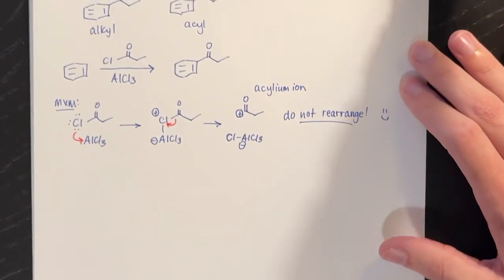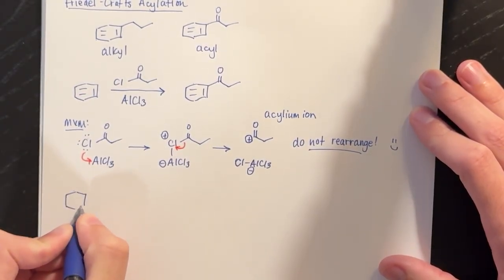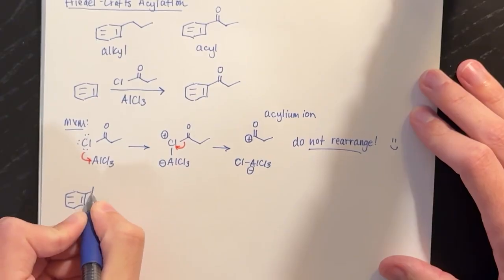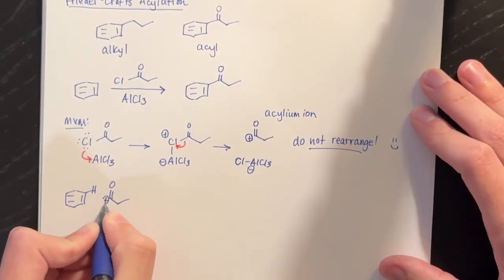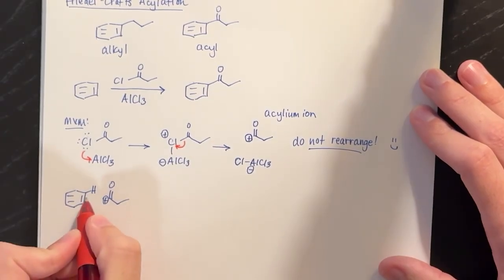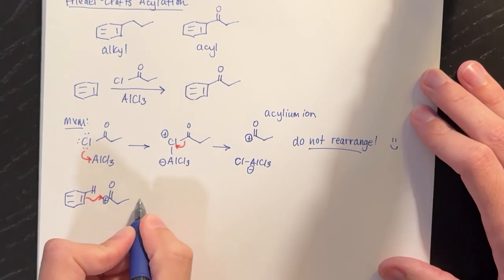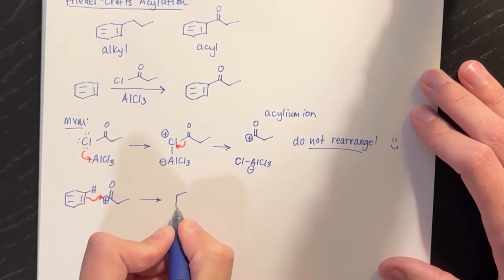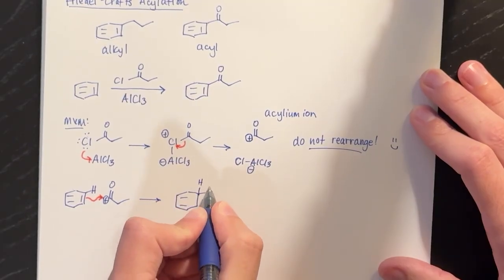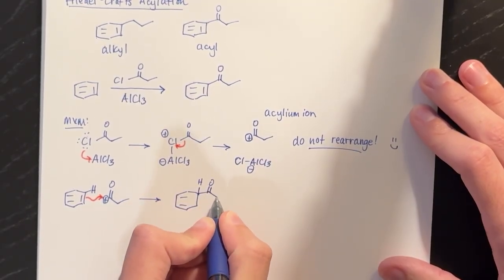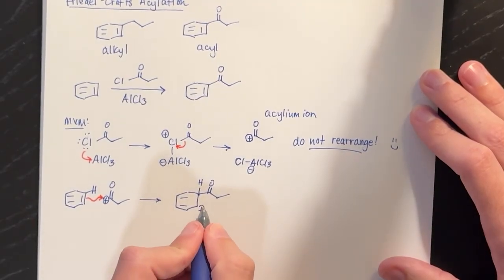Okay, so now if we really wanted, we can finish off the rest of the reaction. There's our acylium ion. Going to form a bond to it. Again, this should be looking familiar by this point. Making sure we get the correct connectivity there.